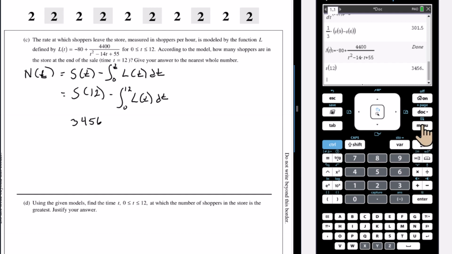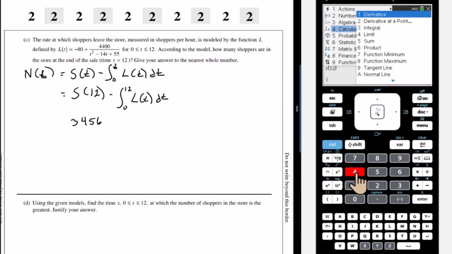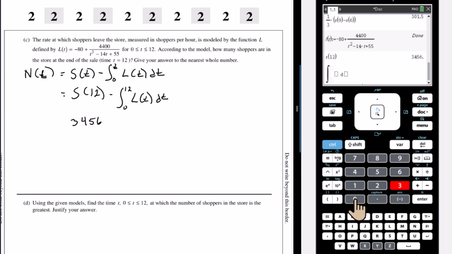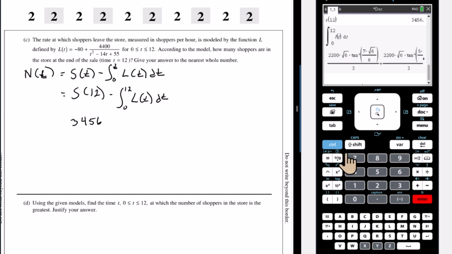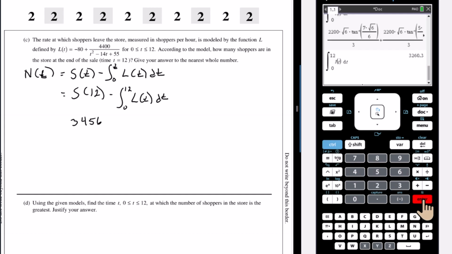So I want to do menu, number 4, number 3, integrate from 0 to 12 of the function I just defined, L of t, with respect to t. Hit Control, Enter, and we get 3,260.3, which is just 3,260.